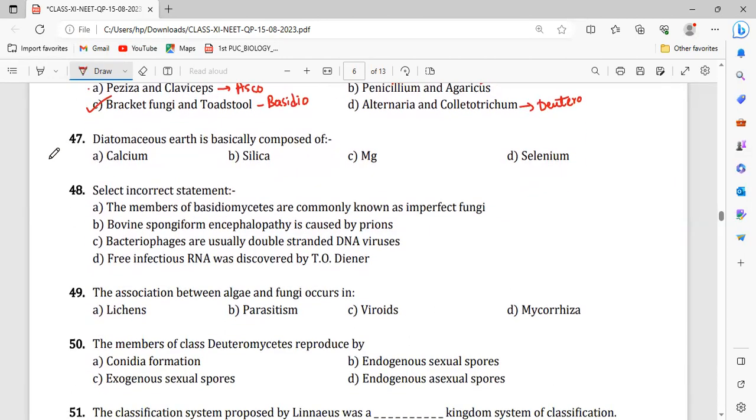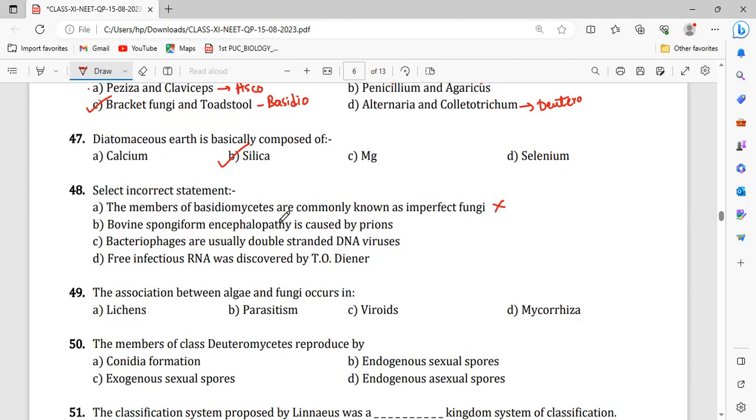Diatomaceous earth is basically composed of, so their cell walls are actually made up of silica. Direct question. Select the incorrect statement. Members of Basidiomycetes are commonly known as imperfect fungi.